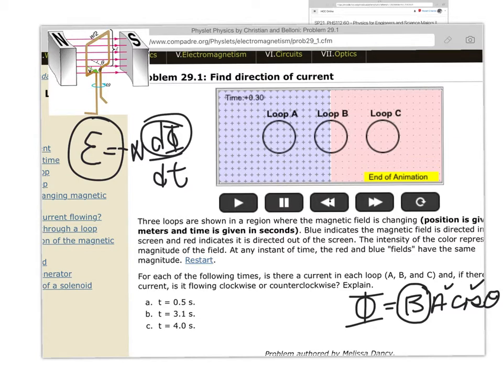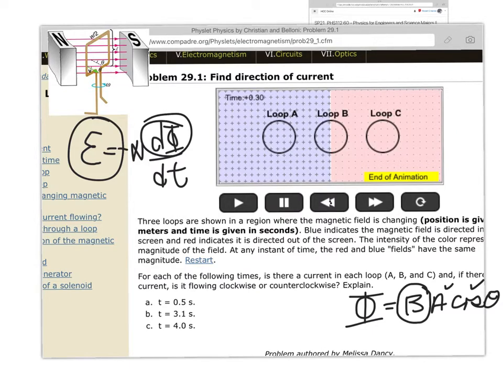The EMF is going to generate a counterclockwise current, which is going to tend to oppose the change in flux, right? So the other way of thinking of it was maintain the original. We started with 0.